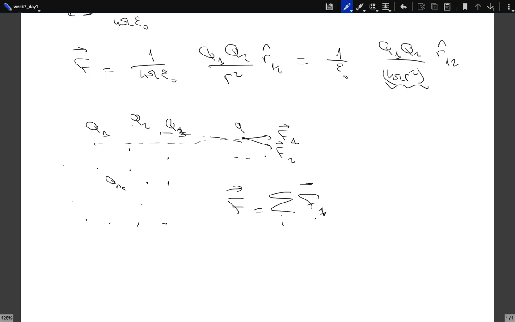All the forces created by each one of the capital Q's separately. It's just the sum. This, we said, is called the superposition.